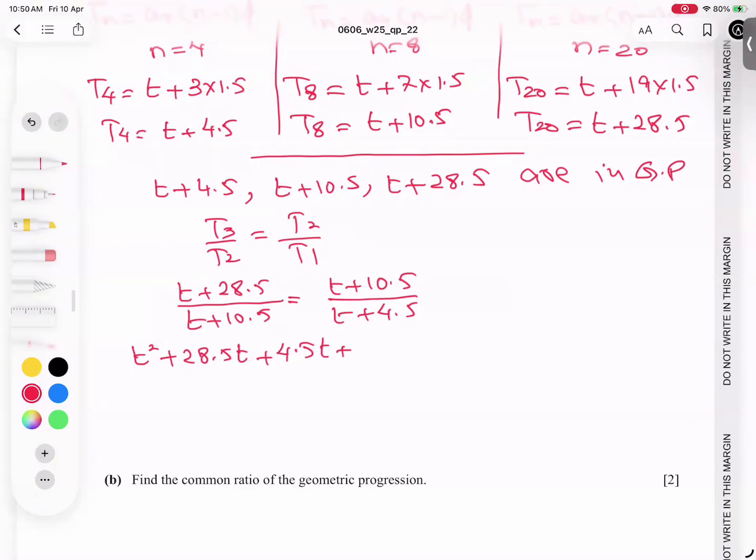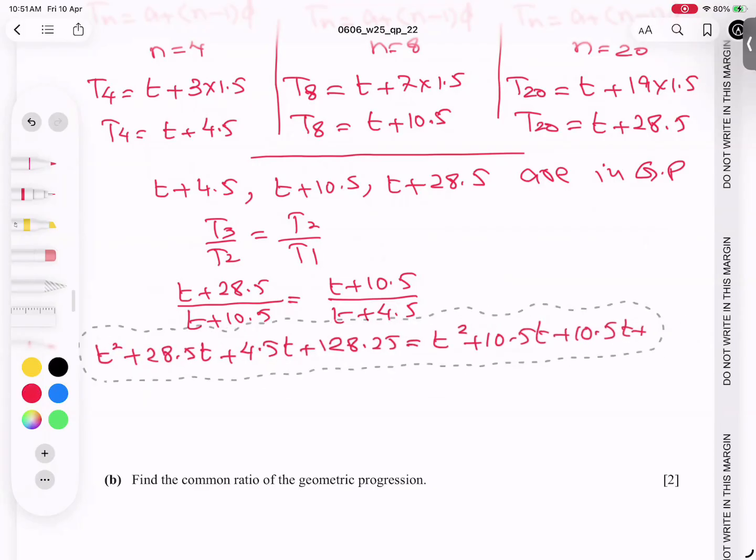It is giving us 128.25. Okay, same way when this is multiplied with that, it is like a squaring identity. But anyway, I'm writing t square plus 10.5t plus 10.5t, and 10.5 square is giving us 110.25.